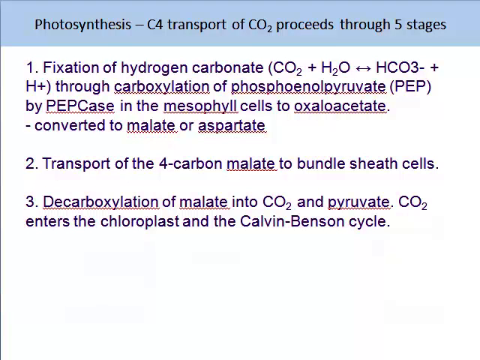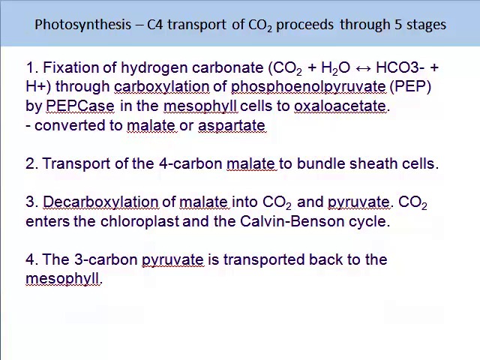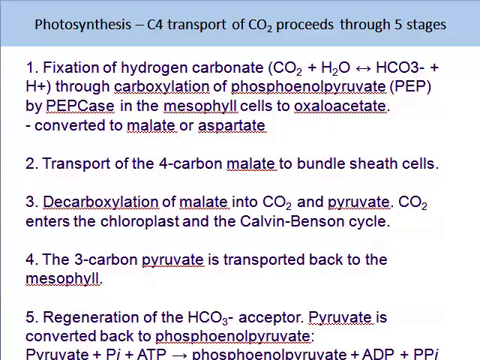The next stage is decarboxylation of malate into carbon dioxide and pyruvate. The carbon dioxide enters the chloroplast and then the Calvin-Benson cycle. In the fourth stage, the 3-carbon pyruvate is transported back to the mesophyll. In the final stage of the CO2 journey, pyruvate is converted back to phosphoenolpyruvate. This is also described as the regeneration of the bicarbonate acceptor.